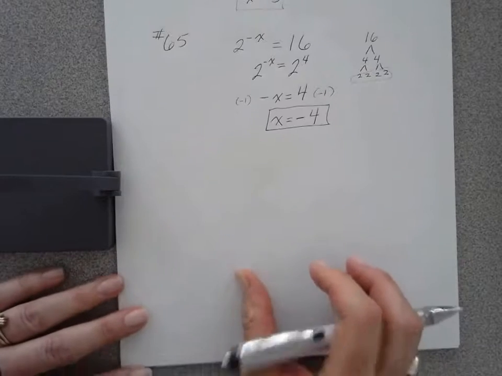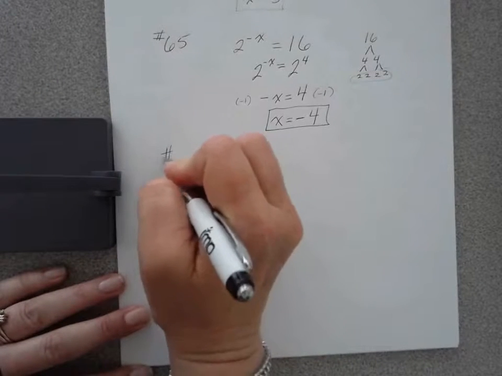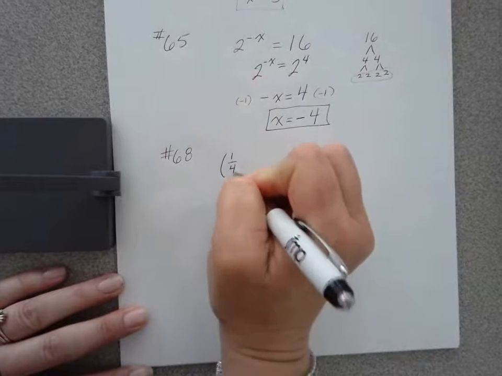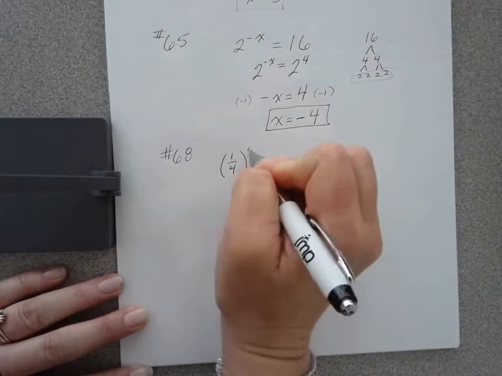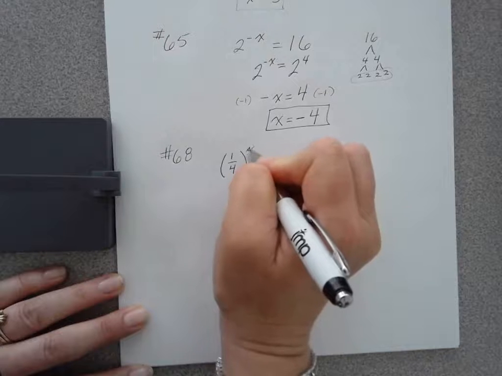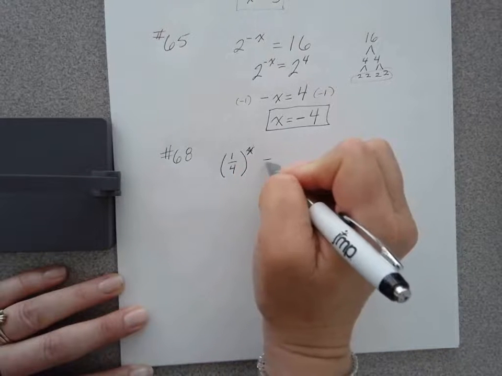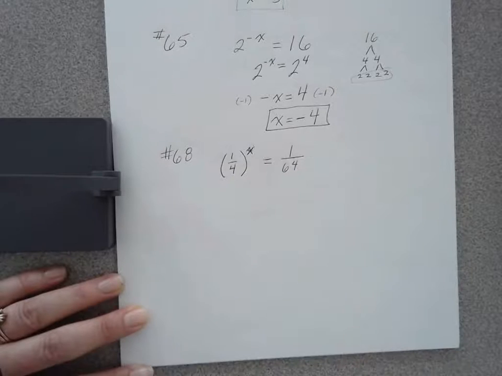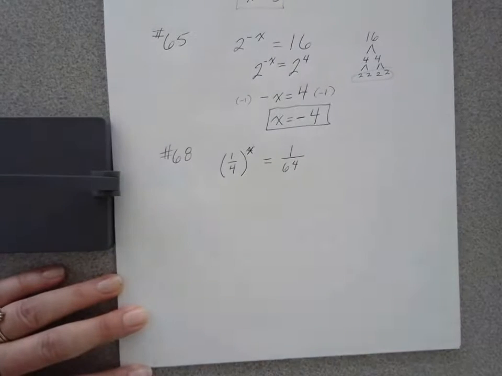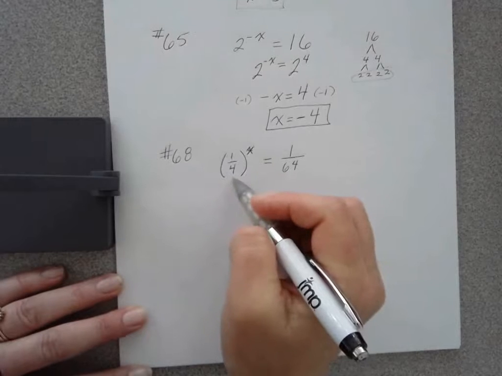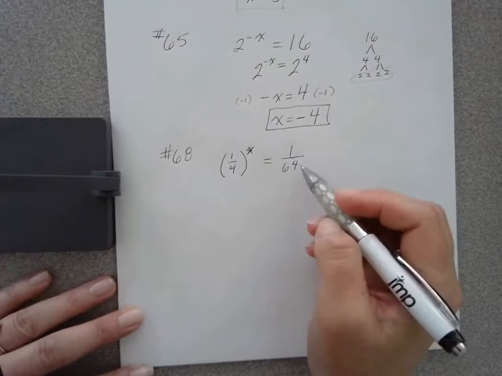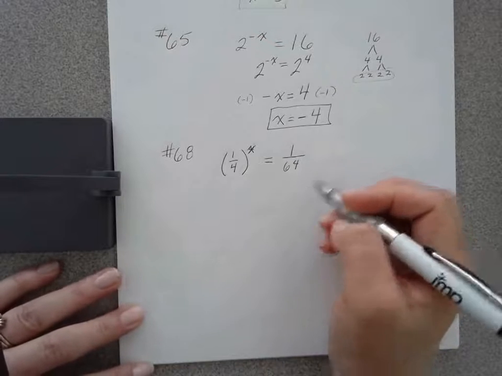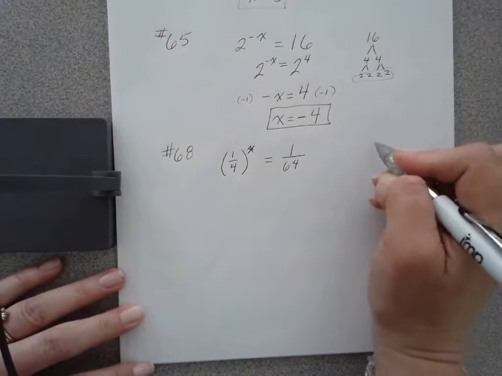Okay, look at number 68. So I have 1/4 to the x power equals 1 over 64. Since the base here is 1/4, I want to be able to write 1 over 64 with a base of 1/4. So think about 64.